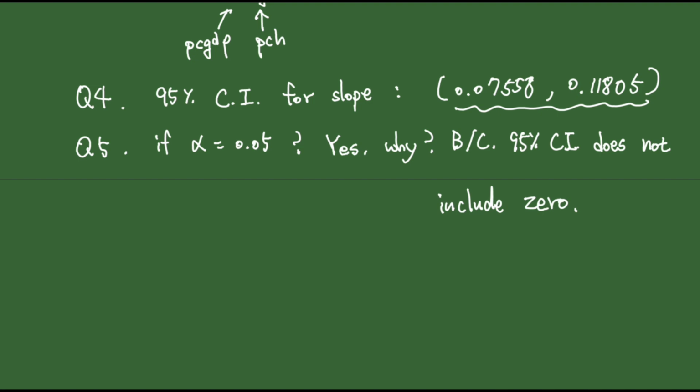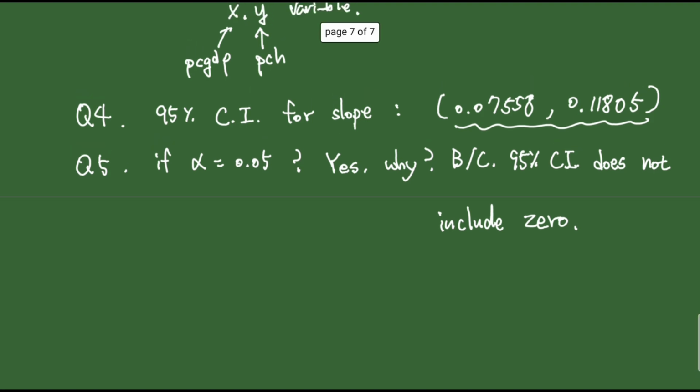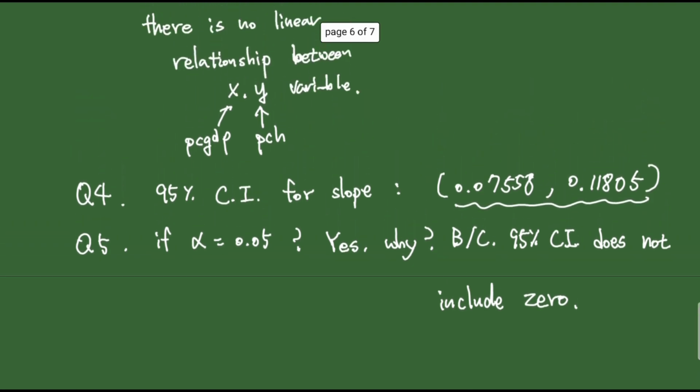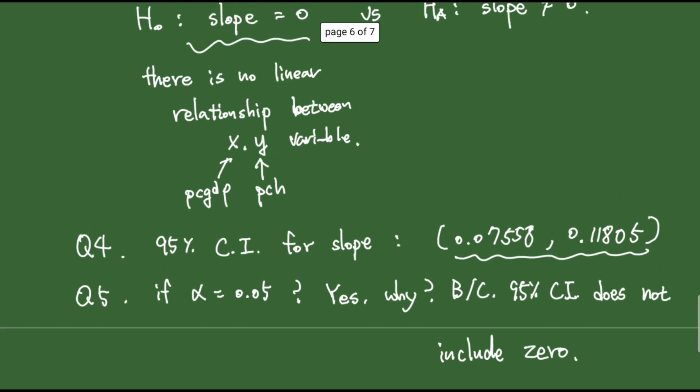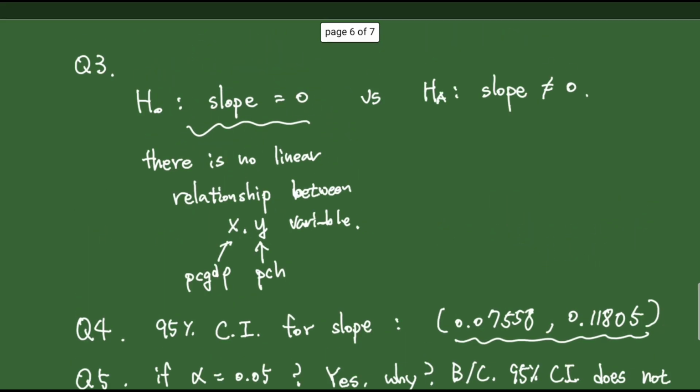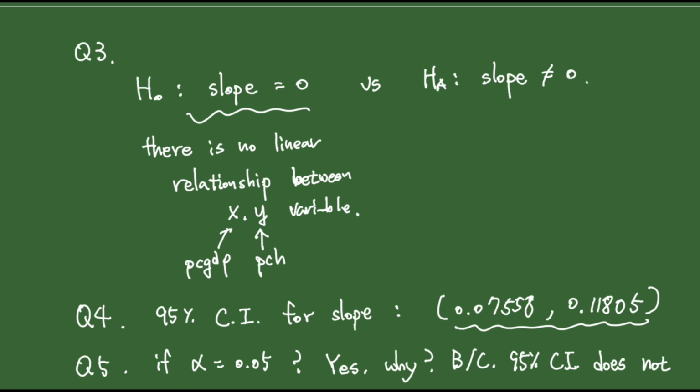So since the 95% CI does not include 0, that means our p-value is actually less than 0.05. So we can reject the null hypothesis, which means we can say that there is a linear relationship between the PCH and the PCGDP. Okay.